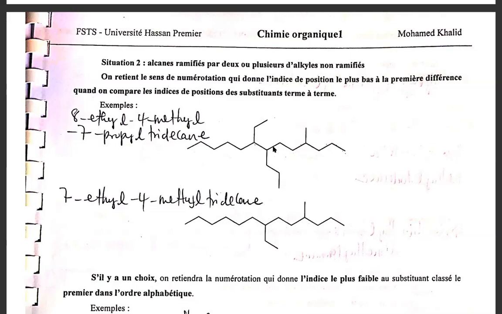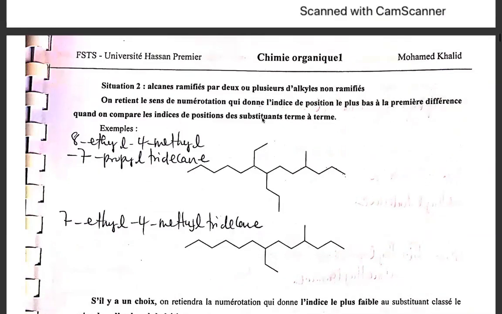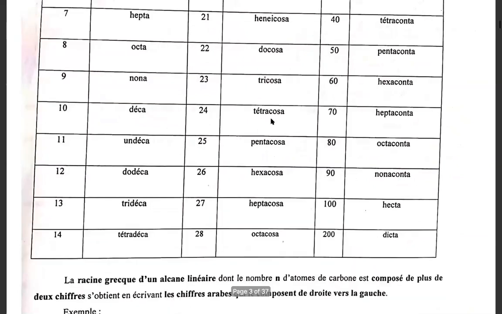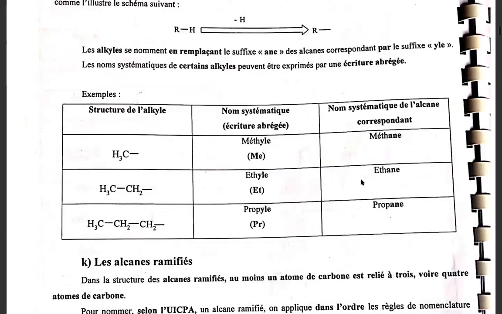It was ethane. Now we remove 1 hydrogen atom, it becomes ethyl. So if it contains 2 carbon atoms, it's supposed to form ethane. Now because it's a substituent, we are going to lessen the number of hydrogen atoms.